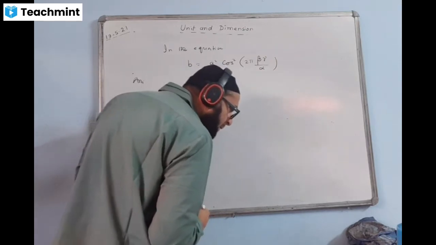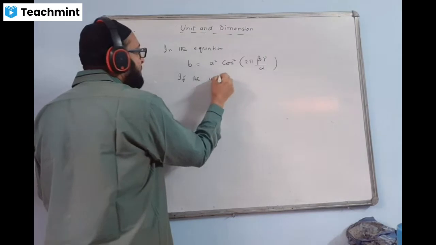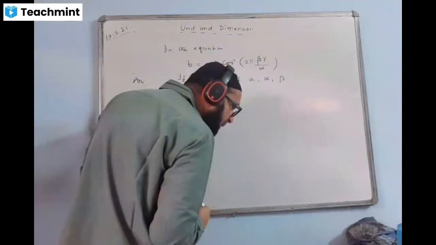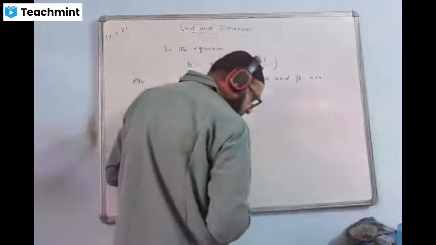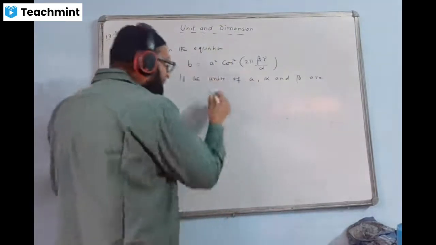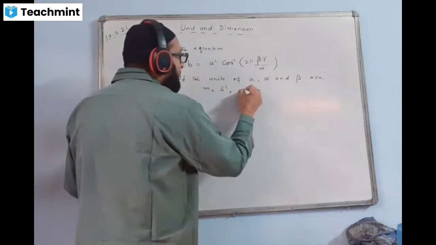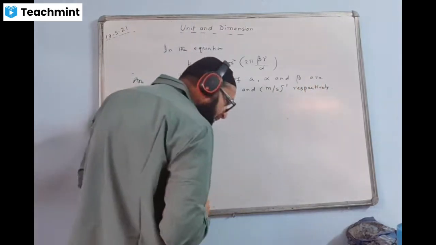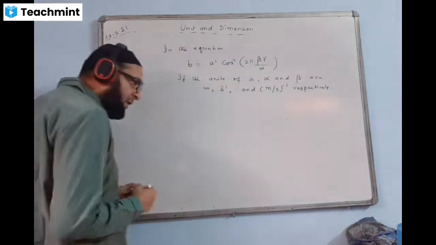If the units of A, alpha and beta are meter, S minus 1 and meter per second minus 1 respectively, find the units of B and gamma.